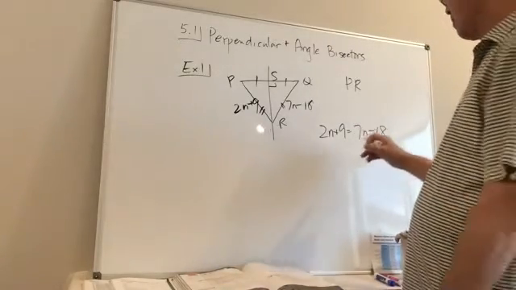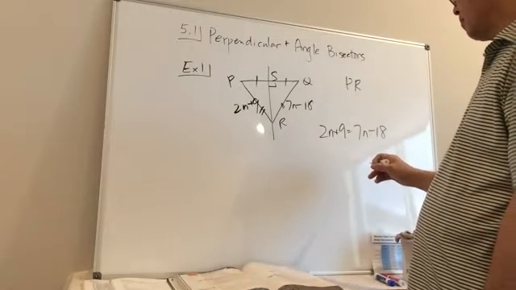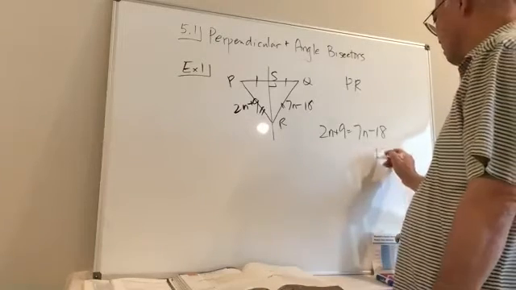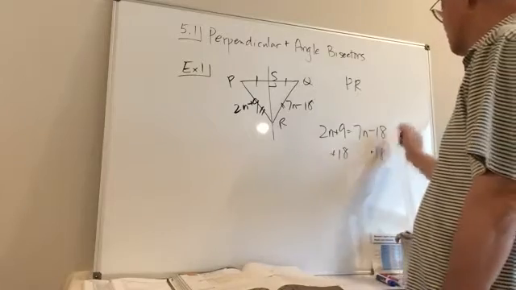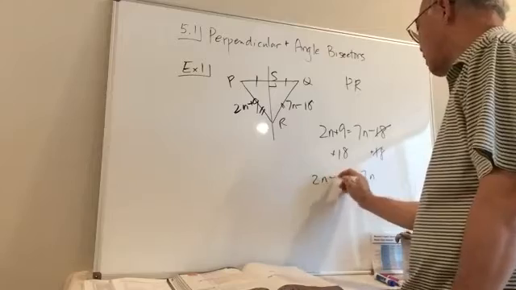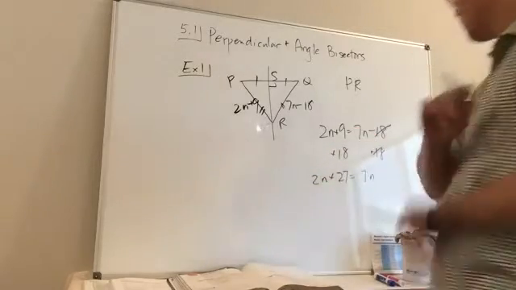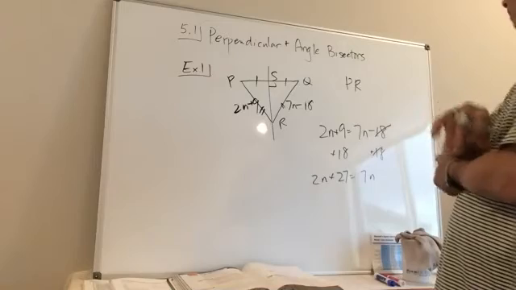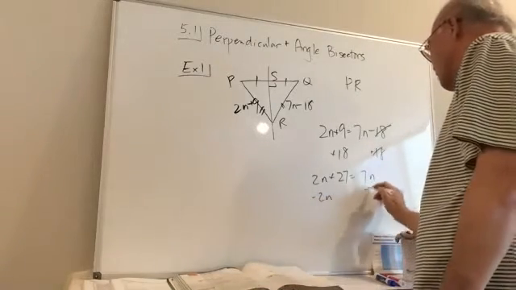You could add 18 on the side with the 7n minus 18, and then add 18 on the other side. So this would go away. 2n plus 9 plus 18 is 27. Then you could subtract 2n from the left side and subtract 2n from the right.